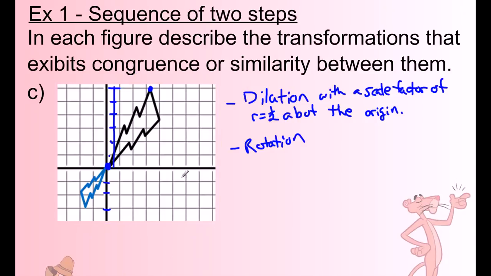Then we would take that new image, which again looks like that if you imagine, and then we would rotate it. Let's see, if I rotate, that would be 90. That's no good. That would be 180. Yeah, that's what I want. I want it rotated 180 degrees about the origin again.